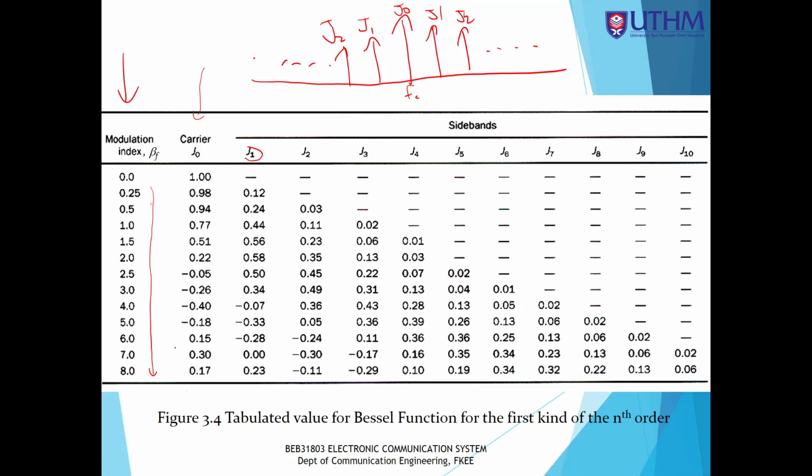J0 until J10 is what we call the relative amplitude. J is a unitless parameter.